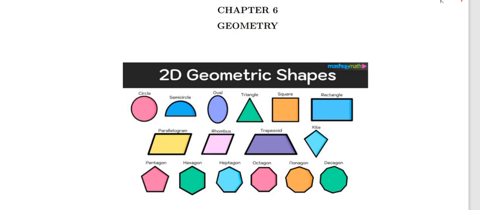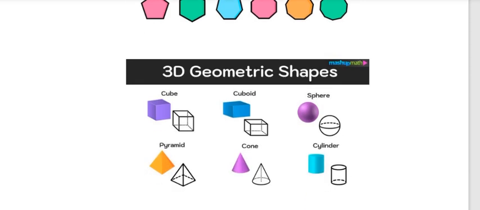Okay, so chapter 6 is about geometry. Geometry is about some shapes, some geometry shapes. So we have 2D geometry shapes and 3D geometry shapes.